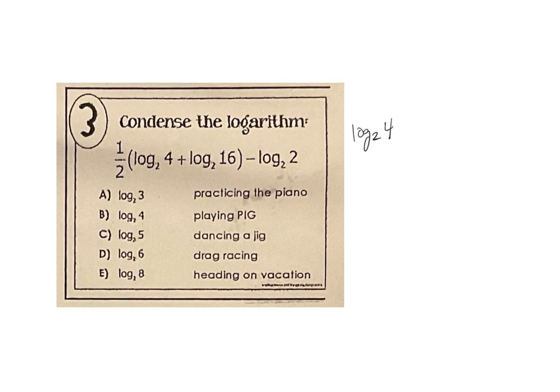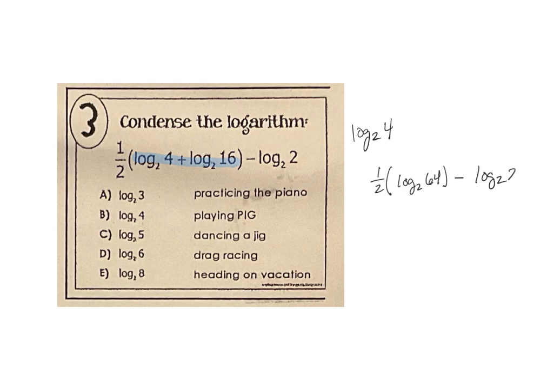Okay, now let's go back and do it a little bit slower. All right, give myself a little bit more space to write here. The first thing I'm going to write is just what's in parentheses. The plus sign means multiply. So I'm going to end up with the 1/2 on the outside, and 4 times 16 is going to give me log base 2 of 64 minus log base 2 of 2.